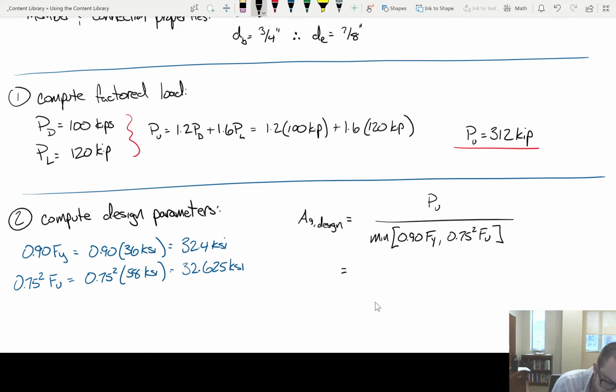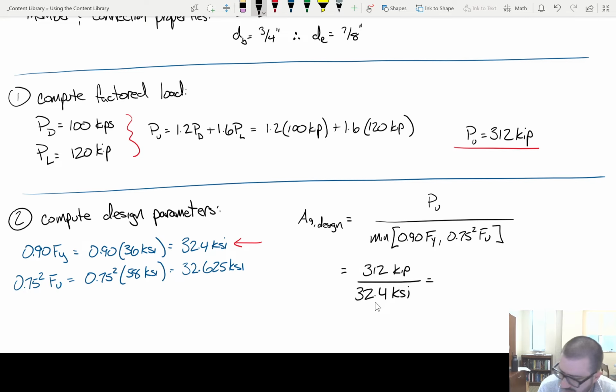That's 312 kips over the minimum of these two. And the minimum of these two, now that I've done them on the side, is this one right here, which, when you chug that out, is 9.63 square inches.